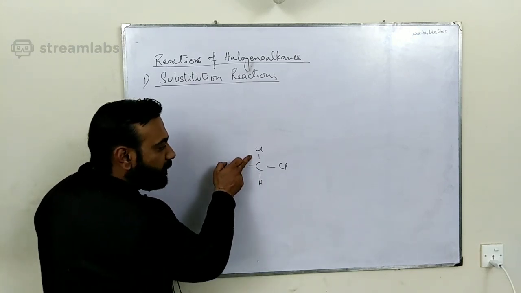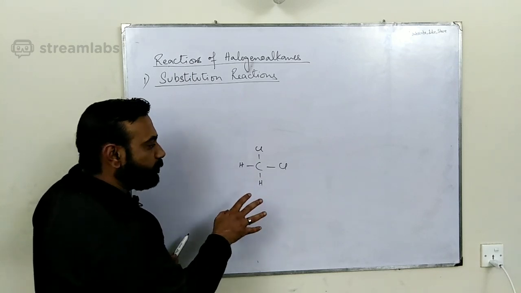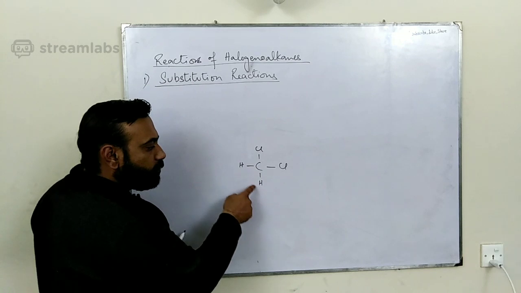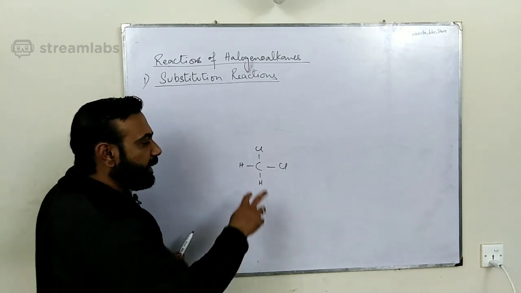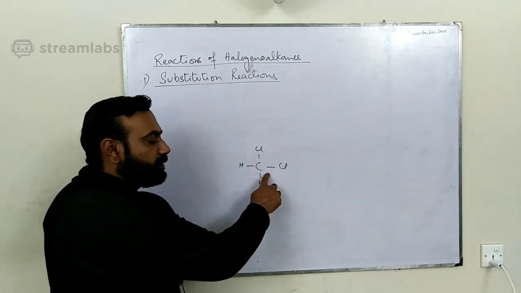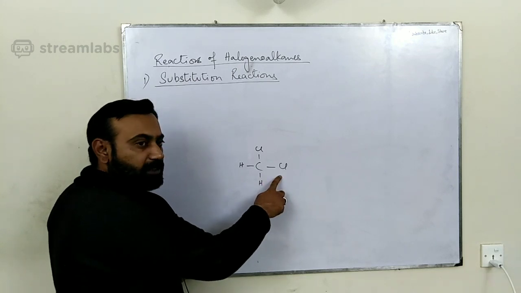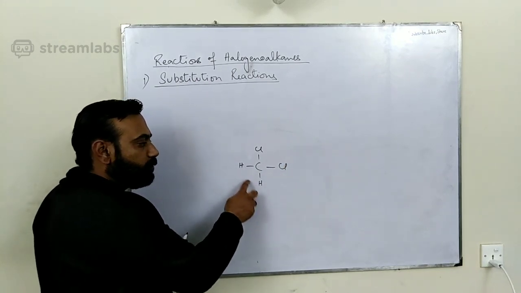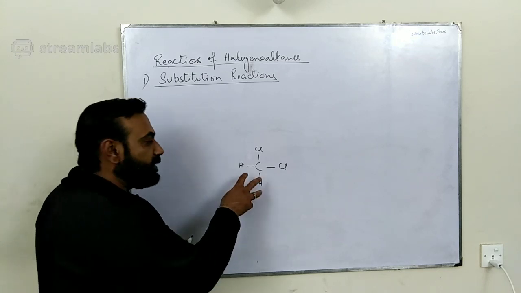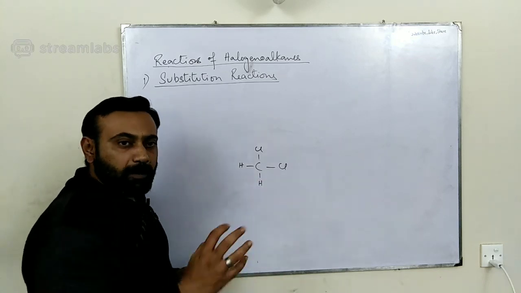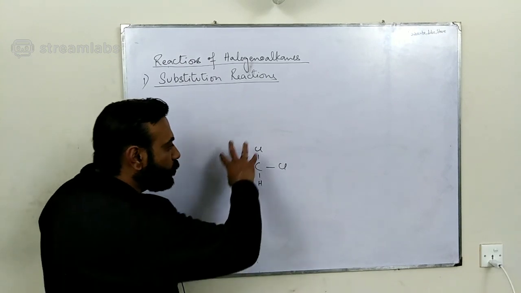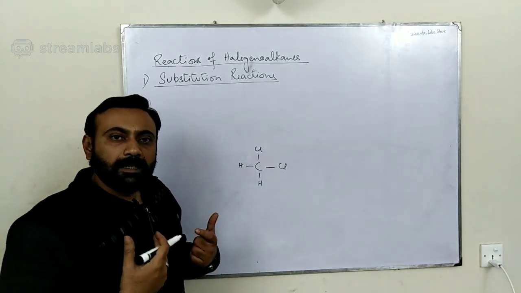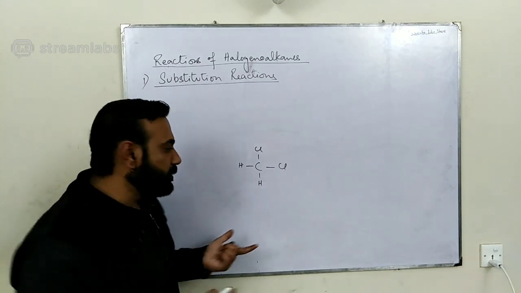According to this functional group, this is a primary halogenoalkane because the carbon atom involved in this functional group has two hydrogen atoms bonded to it. And the same is the case with this functional group. Again, the carbon atom involved in the functional group is bonded to two hydrogen atoms, which makes this functional group a primary halogenoalkane as well. So with respect to each of the functional groups, this is a primary halogenoalkane.